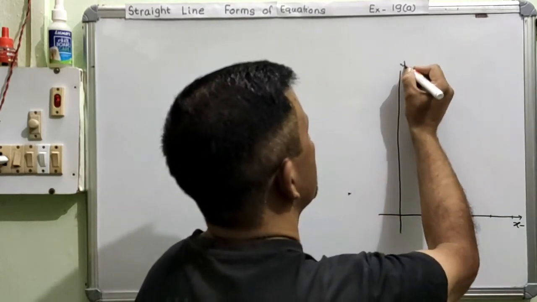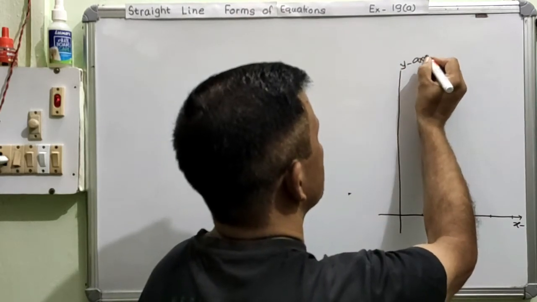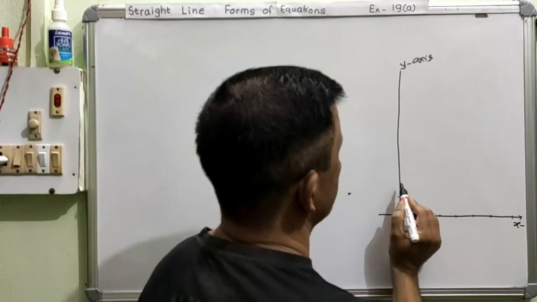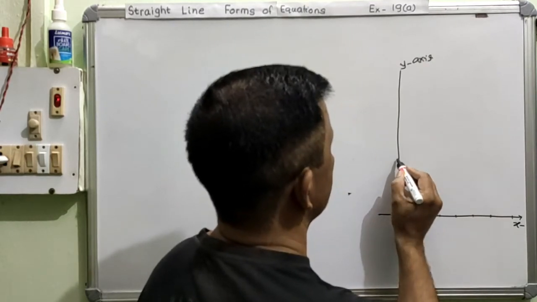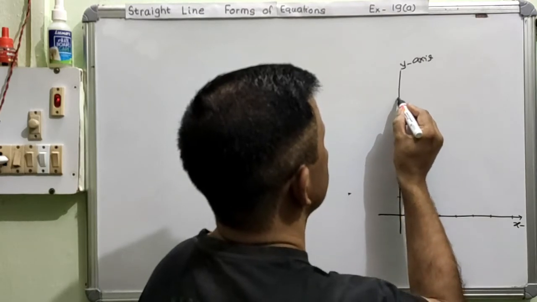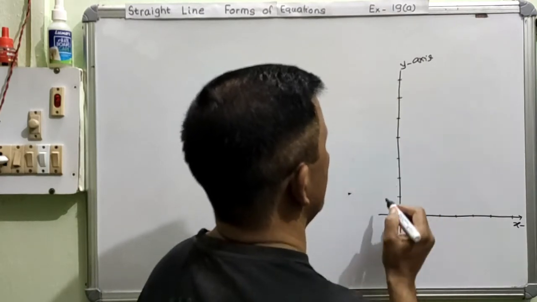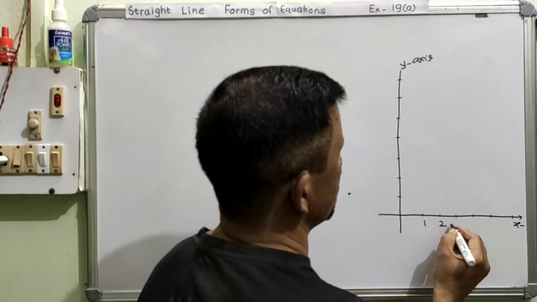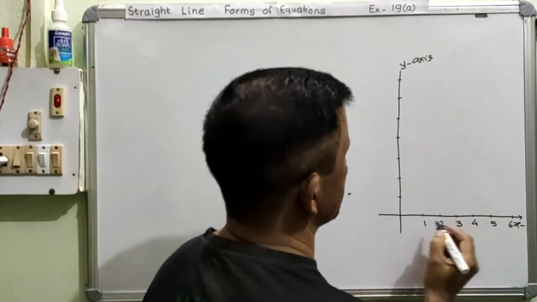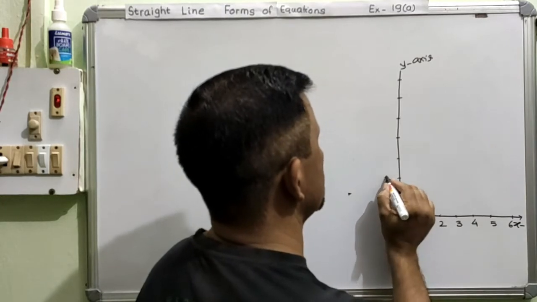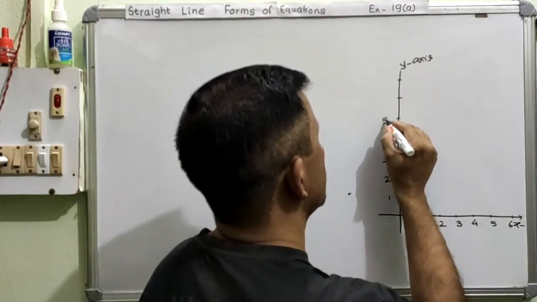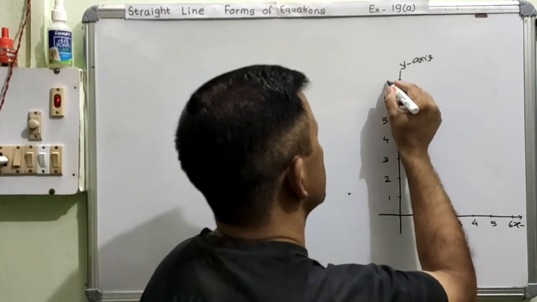This is the y-axis, right? Here also we will mark 1, 2, 3, 4, 5, 6, 7.